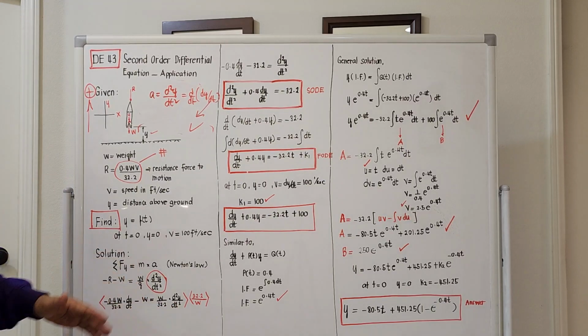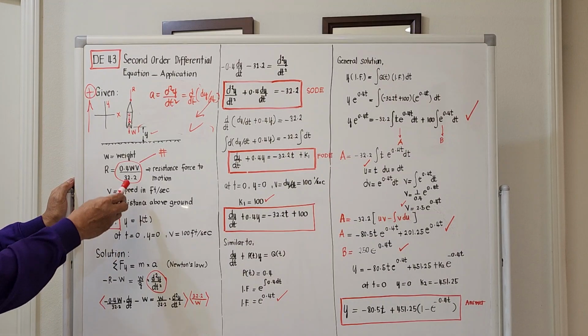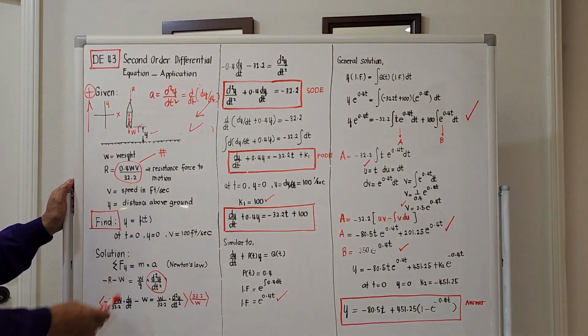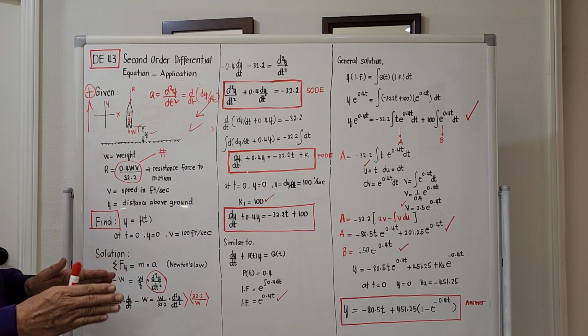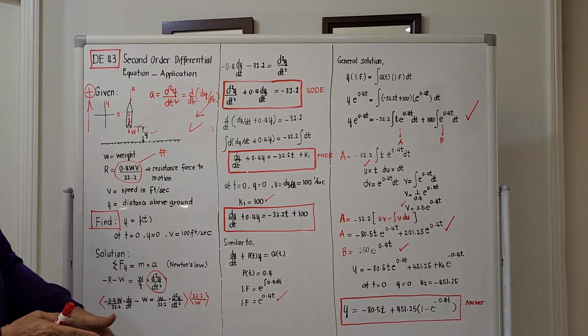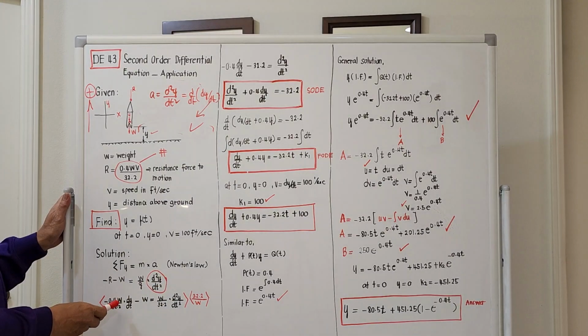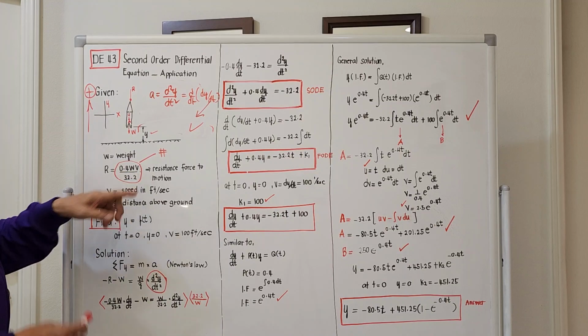So if we now substitute the value of r in terms of weight and velocity, it is 0.4 over 32.2 times the weight. For the meantime, we do not know the weight, but the weight in relation to the solution is immaterial, so I just place W here, times, what is v?